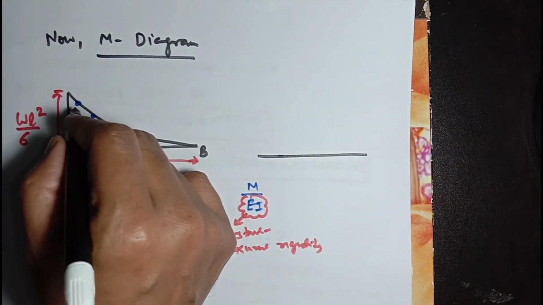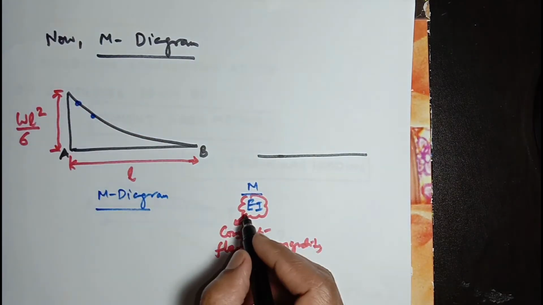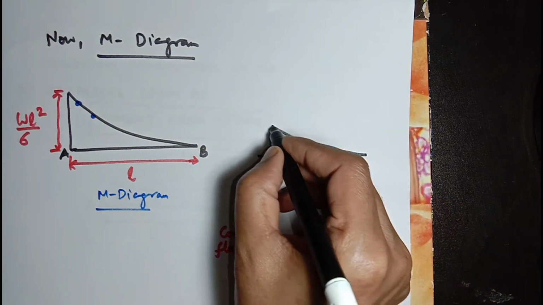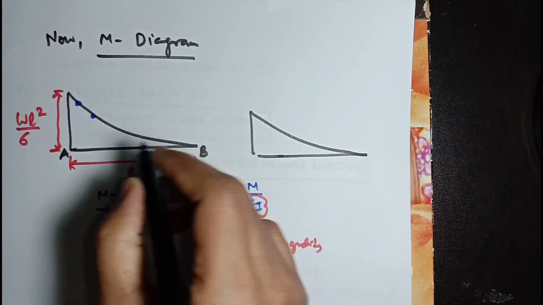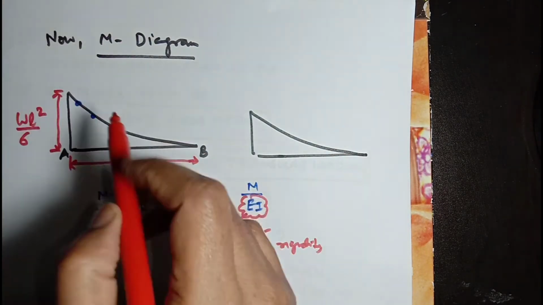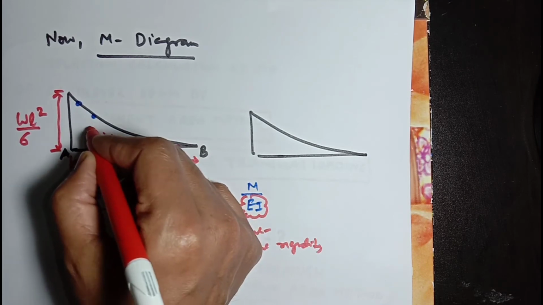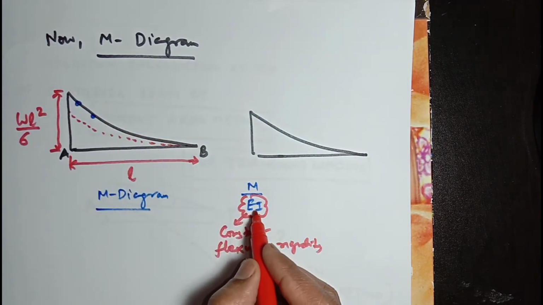As we divide every y coordinate by a constant value EI, the curve will have the same profile, but its values will be somewhat less than this curve.